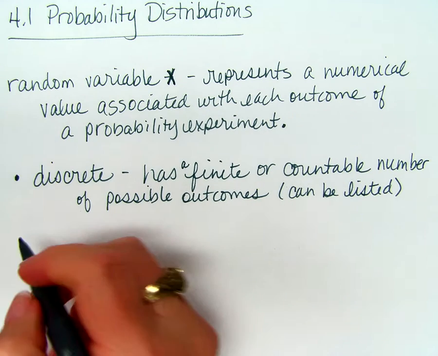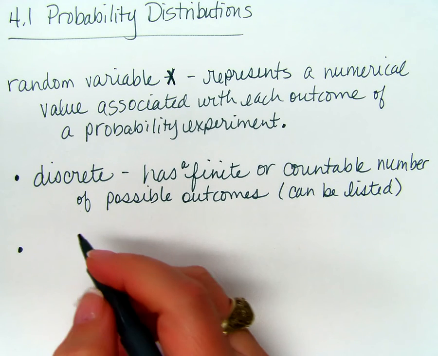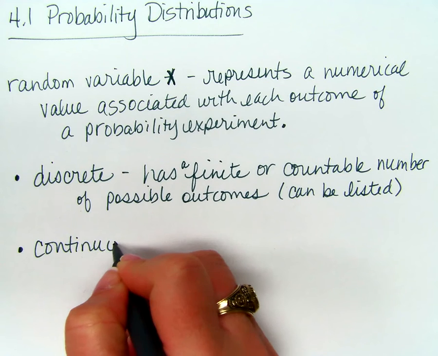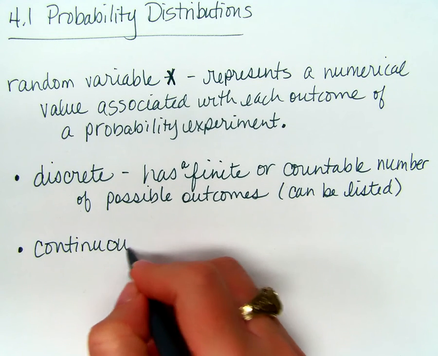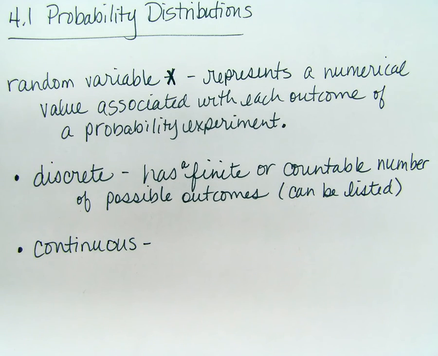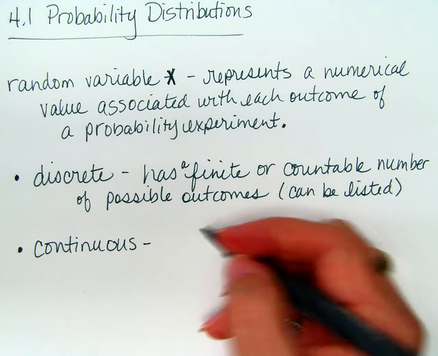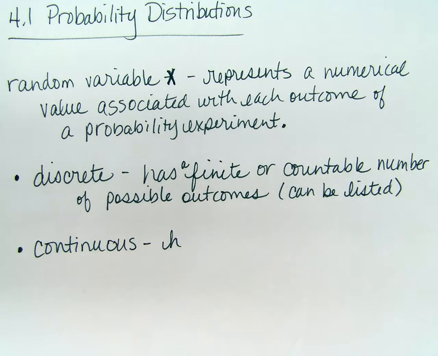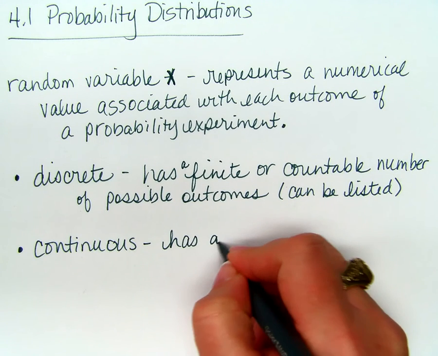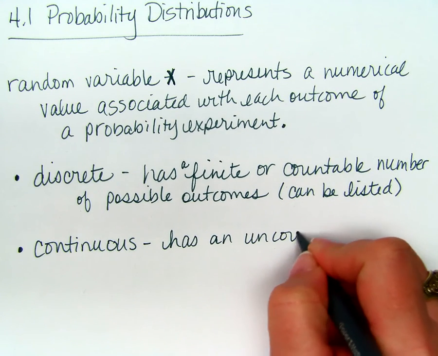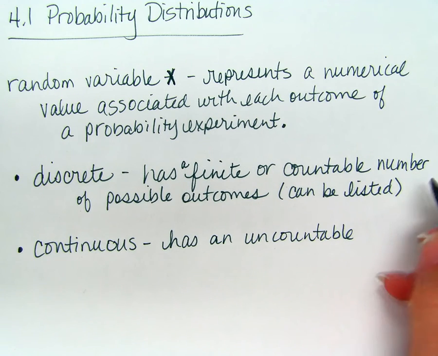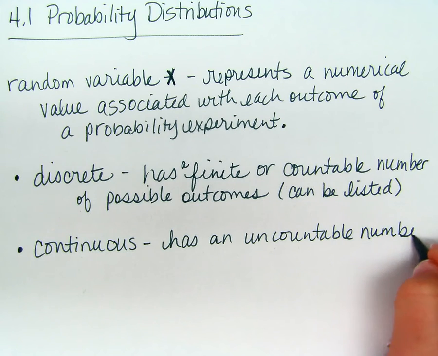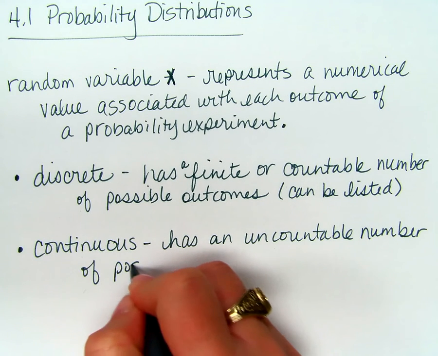The other type of random variable is a continuous variable, C-O-N-T-I-N-U-O-U-S. So if this one has a finite or countable number, continuous will have an uncountable number of possible outcomes.